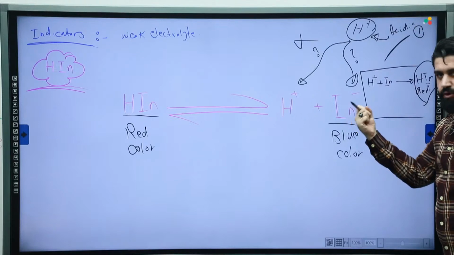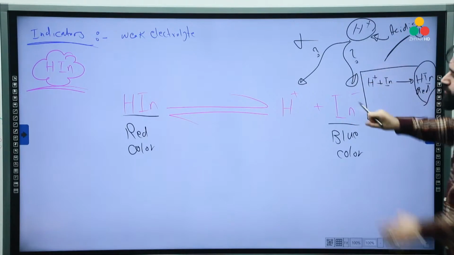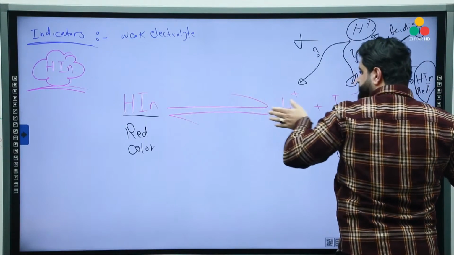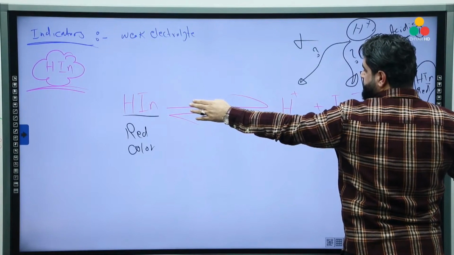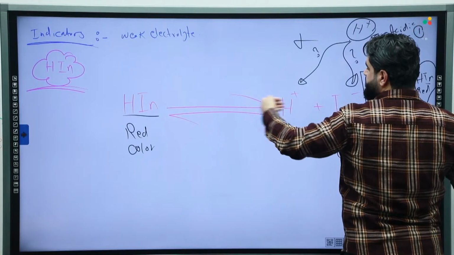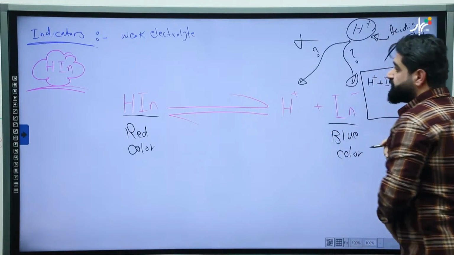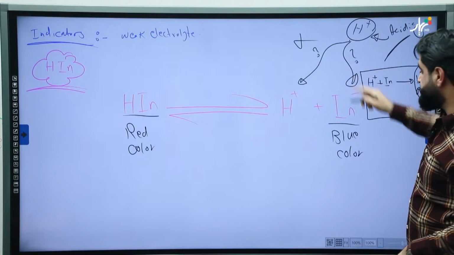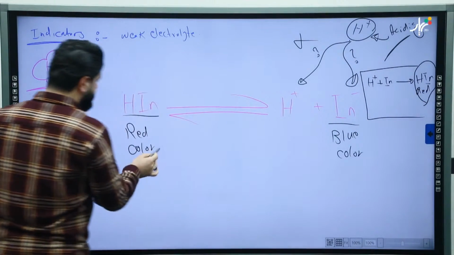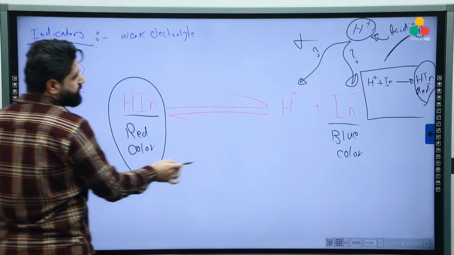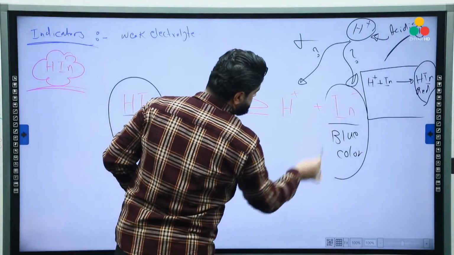It accepts a proton from the medium, producing HIn in the reverse direction. So HIn indicator in an acidic medium will mostly be in HIn form rather than In negative.